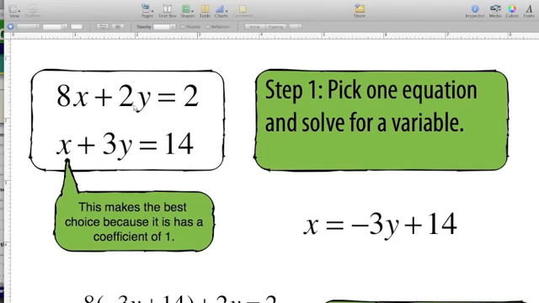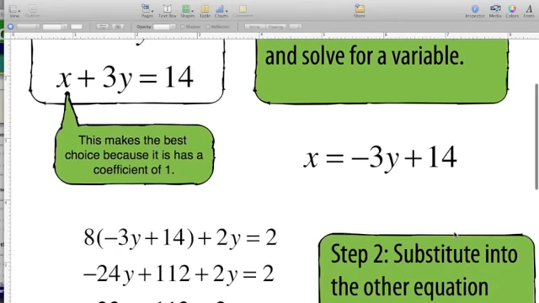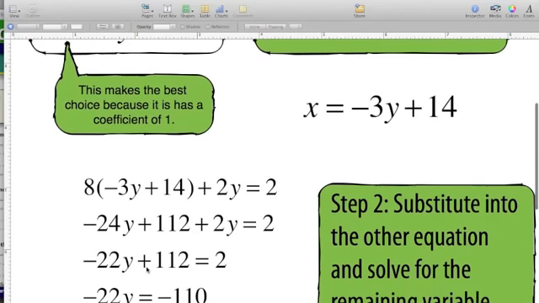The whole point of solving equations is if I've got one missing part, then the fundamental theorem of algebra basically says that you can always find that missing part if you know everything else. Well, now I know something about x, so I'm going to make that substitution. I'm going to take the x out and replace it with the negative 3y plus 14. You can see that right here.